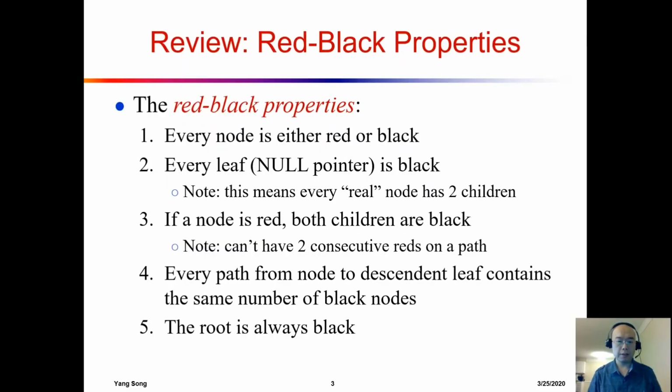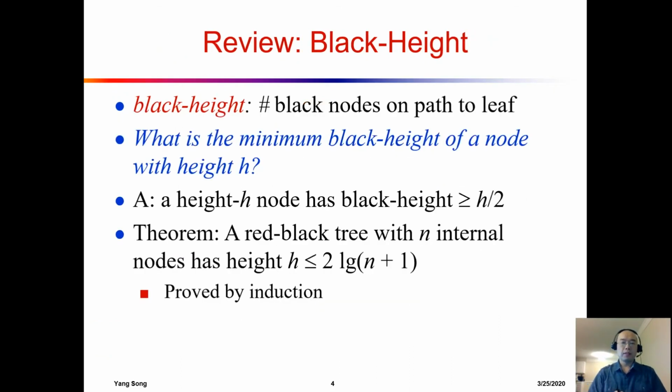So the last thing is, well, the root is always black. So those are the 5 important properties. And then we introduced a very, very important concept, which is the black height. That is from a node down to a null leaf or a fake leaf, how many black nodes are we going to visit?